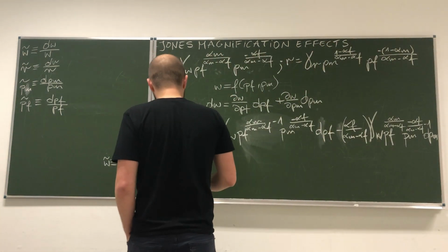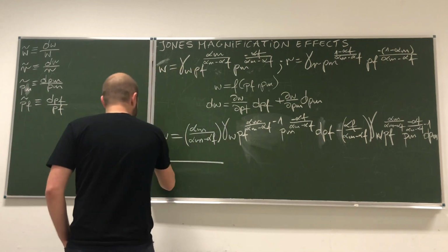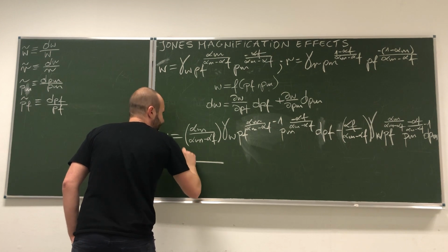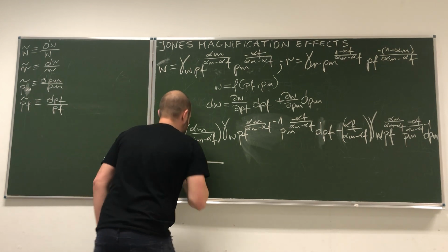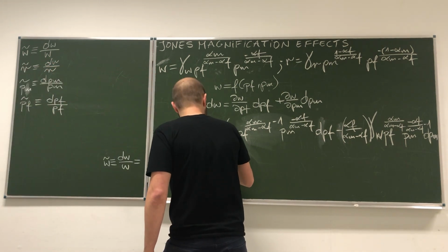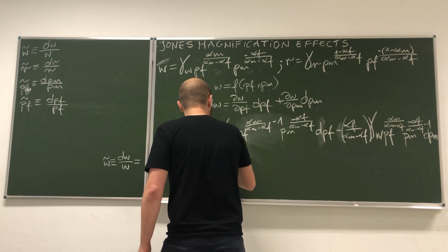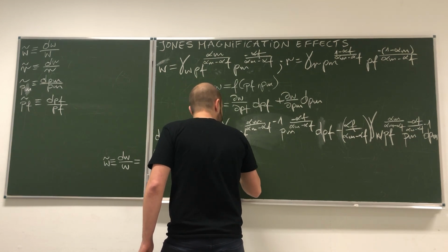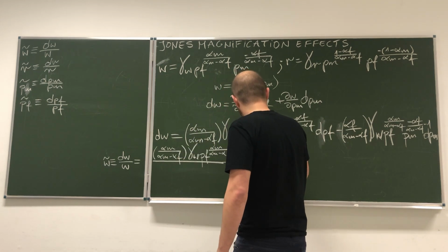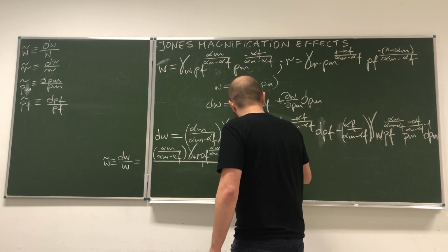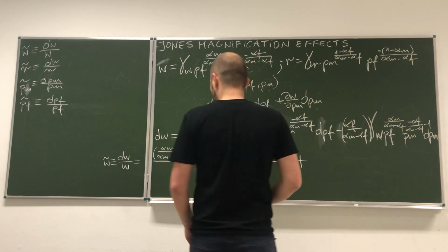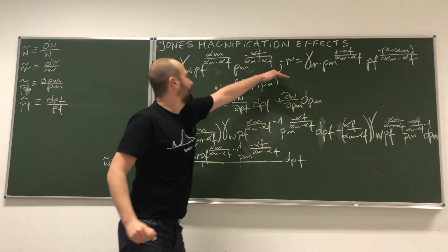So, over here, we're getting alpha m over alpha m minus alpha f, gamma w, Pf to the power alpha m over alpha m minus alpha f minus 1, and then times Pm to the power negative alpha f over alpha m minus alpha f, dPf.